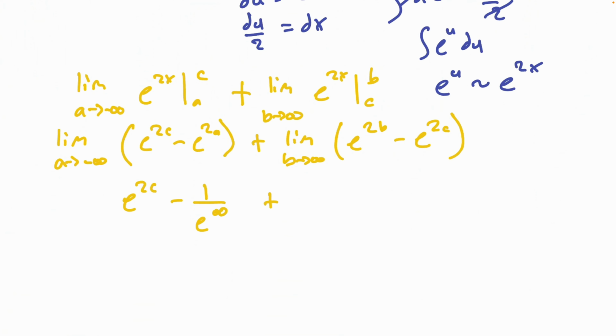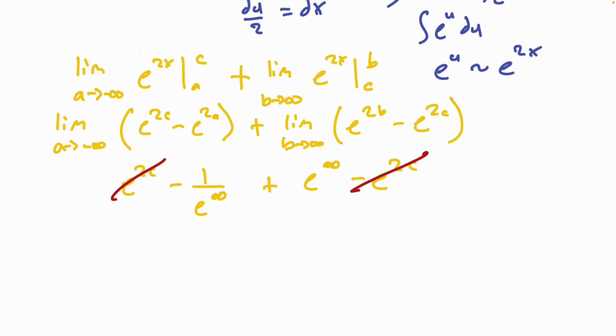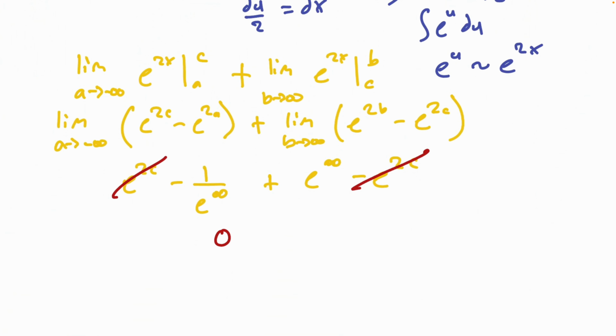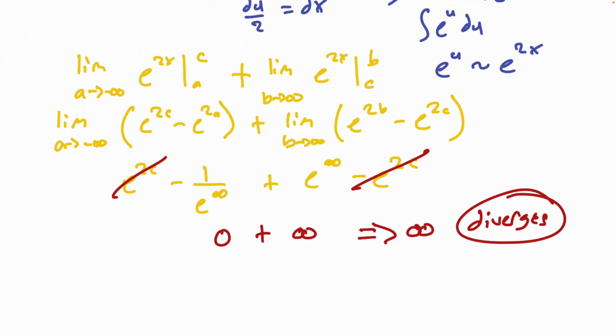Plus, this is e to the infinity whenever we plug b in, minus e to the 2c. All right, you should see that we have e to the 2c and minus e to the 2c that cancel out. You should see that this becomes 0 and this becomes infinity, and so that leads us to infinity, which means that this integral diverges.